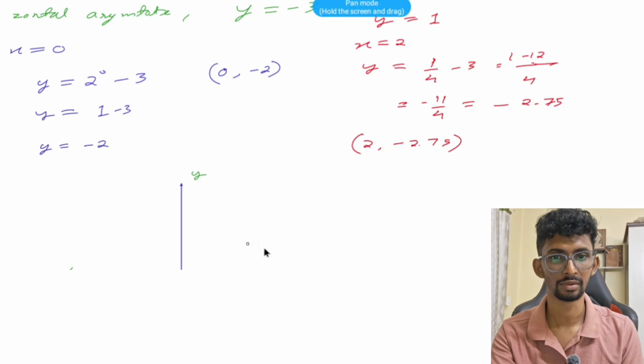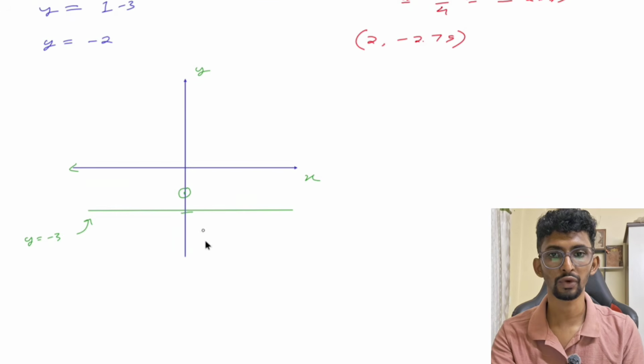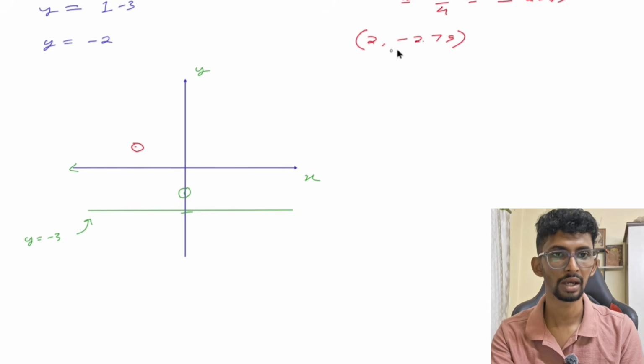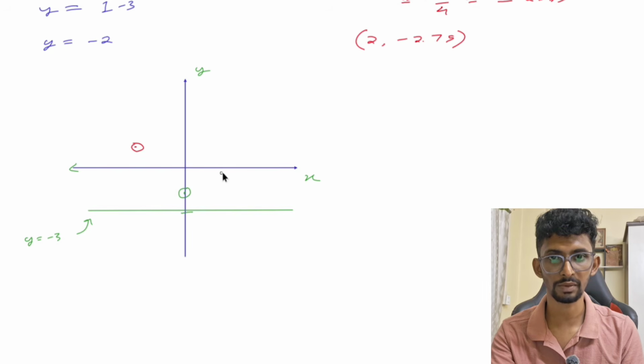Now let me plot these two points. First one is (minus 2, 1), somewhere here, and the other one is (2, minus 2.75). 2 is somewhere here, minus 2.75, so somewhere here.